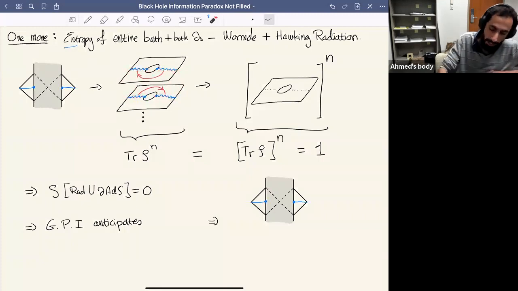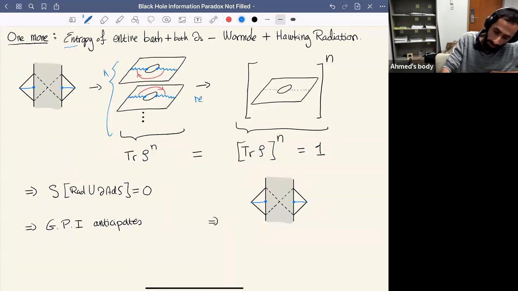Okay, this means that you can rearrange this product, or this trace rho to the n. You can rearrange it to give you something like this, where you take this bottom half and you connect it to this top half, and then separately this bottom half with the top half of the one after it, and so on and so forth.